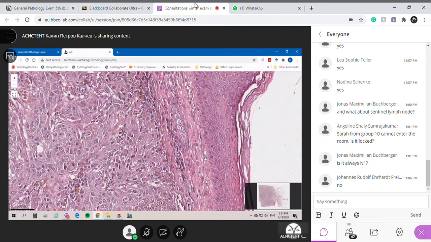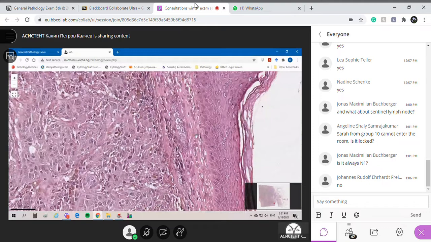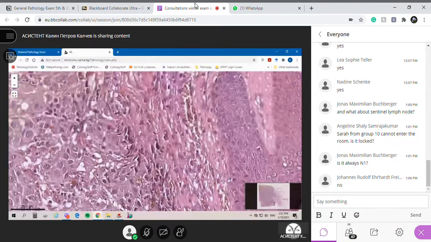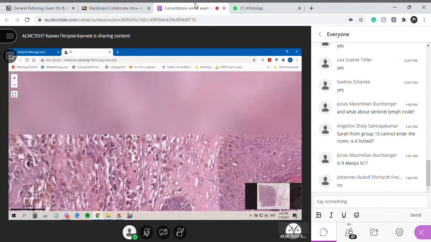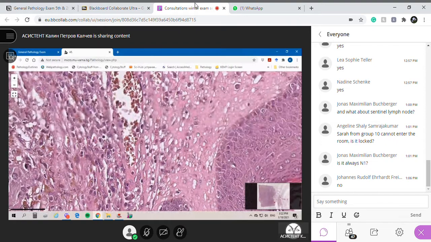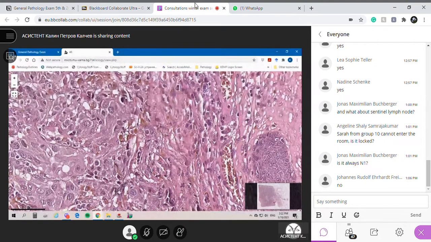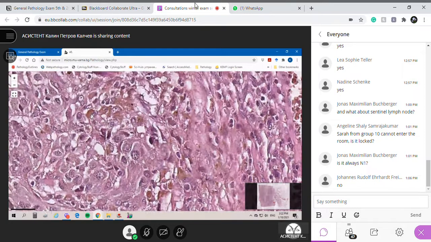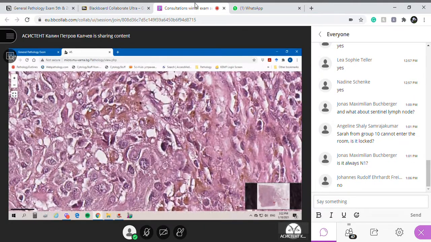So here we have this tumor, but it is a pigmented tumor. Some of the cells have preserved their ability to produce this melanin pigment in them. That's why we can easily tell that this is a melanoma.